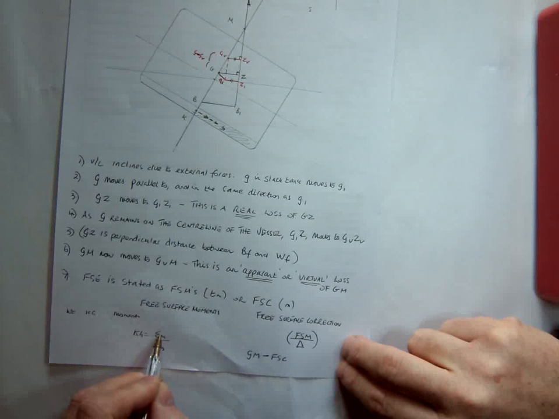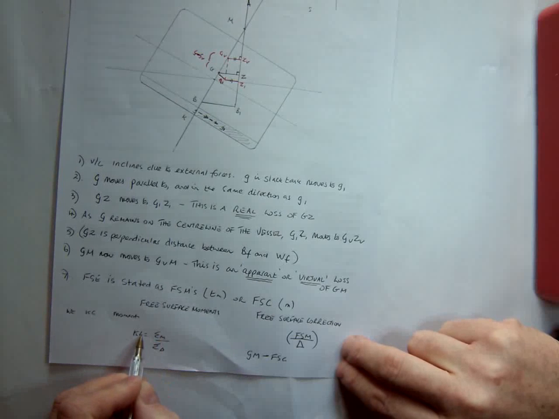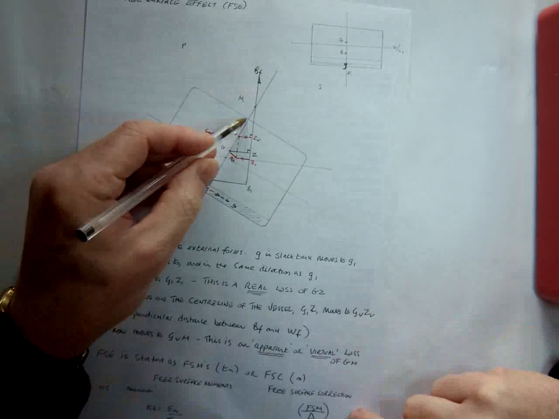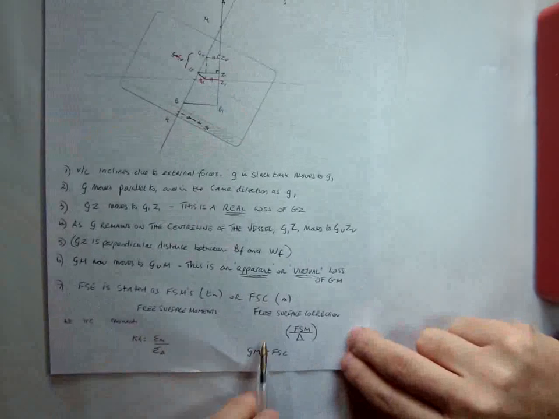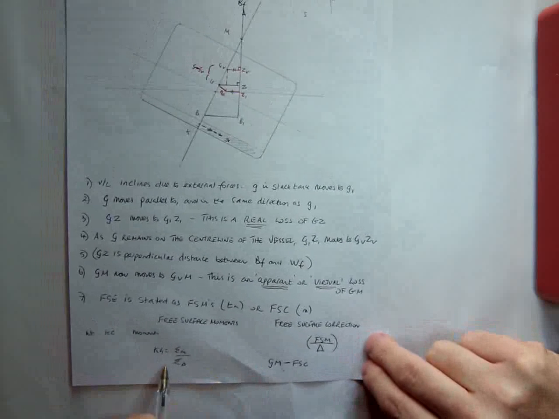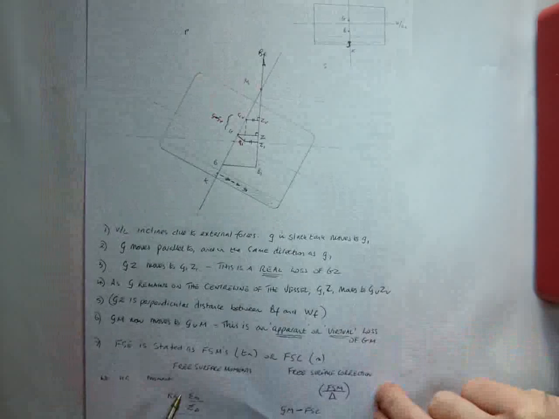So if you've increased the moments, you're going to increase the size of KG, and if you increase the size of KG, you're reducing the size of GM. So also don't get those mixed up. Free surface correction always subtracts from the GM, and free surface moments always add to the moments table. So that's free surface correction.